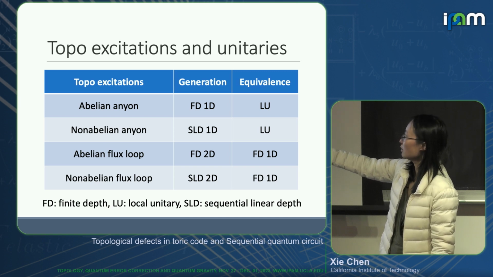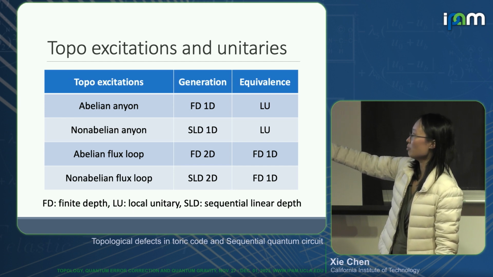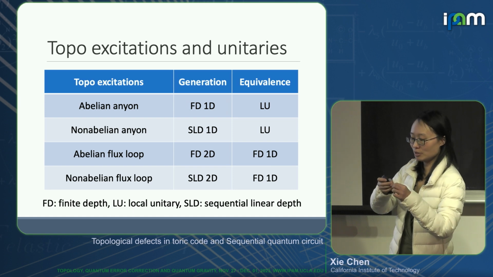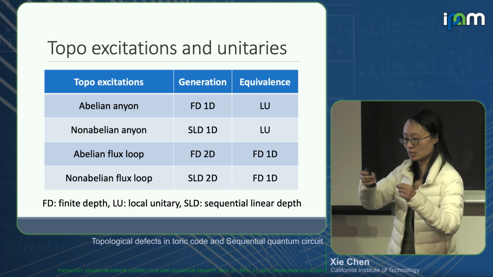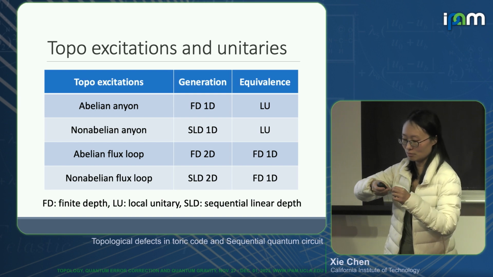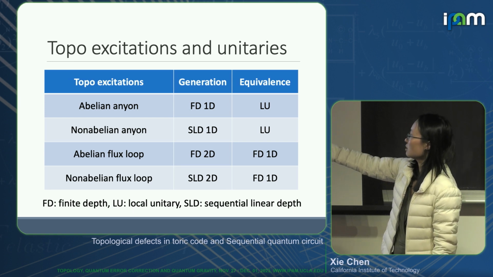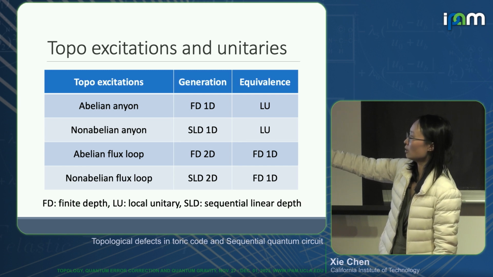And for non-abelian anyons, the equivalence class is the same, given by zero-dimensional local unitary, but the generation cannot be done in one step. For non-abelian anyons, we have to take them one step at a time to make sure that they fuse back into the right thing. So we need to do it step by step, and this basically is a sequential linear depth circuit. So we need to use a sequential linear depth circuit to generate a pair of non-abelian anyons.